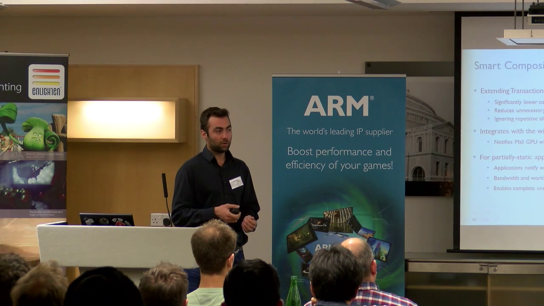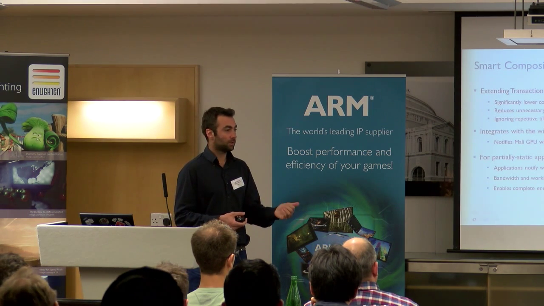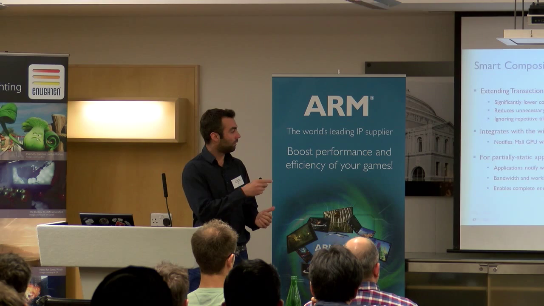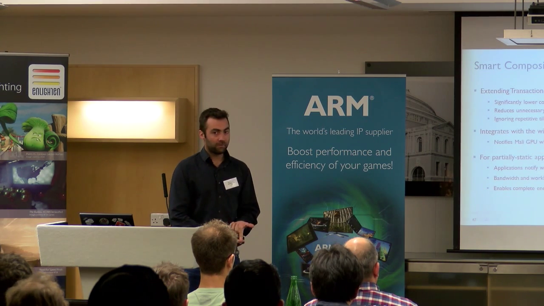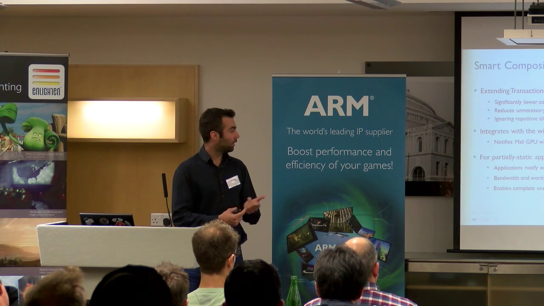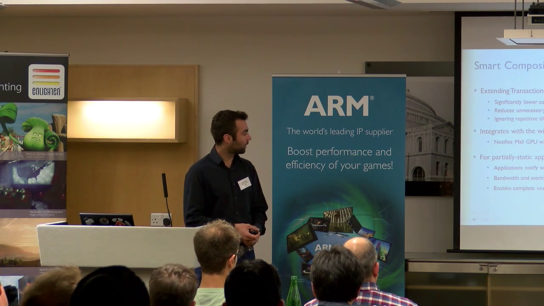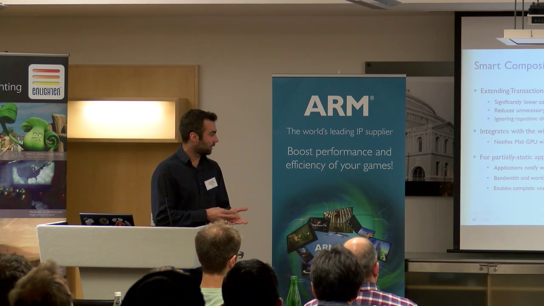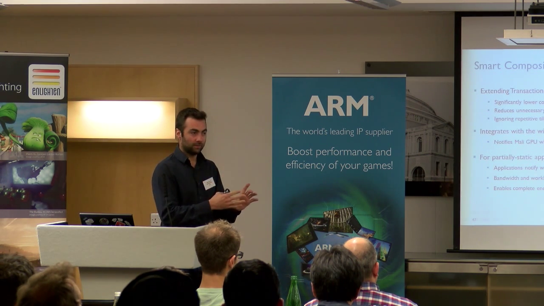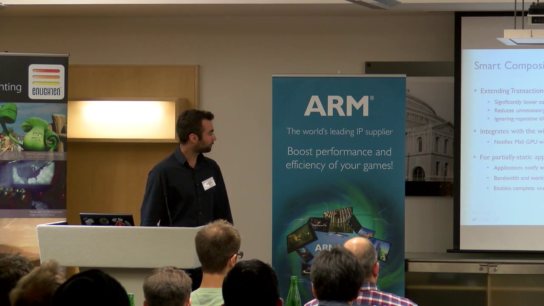In this way, you're not only saving write bandwidth, but you're saving read bandwidth of all the input surfaces that would have to be read. And you're also saving computation processing, which will not take place for the part of the scene that has been identified as static.